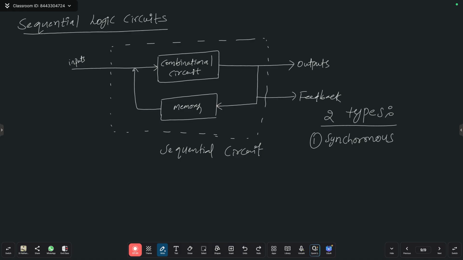The second one is asynchronous logic circuits.